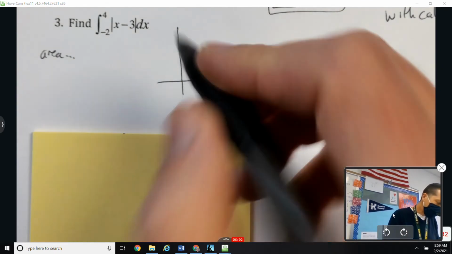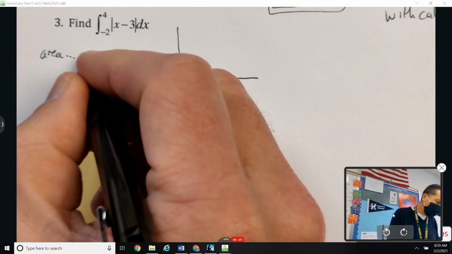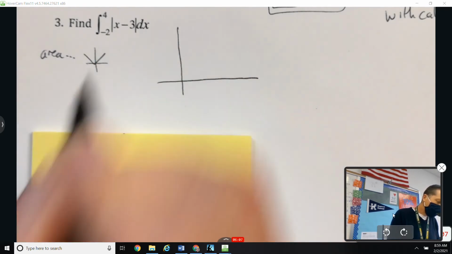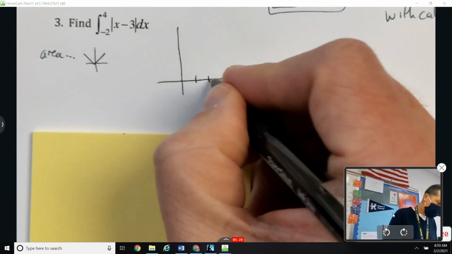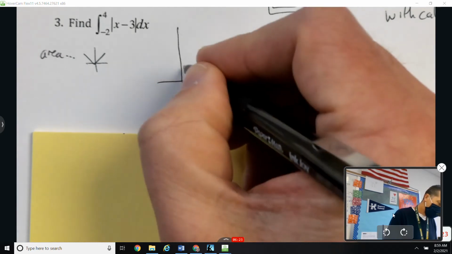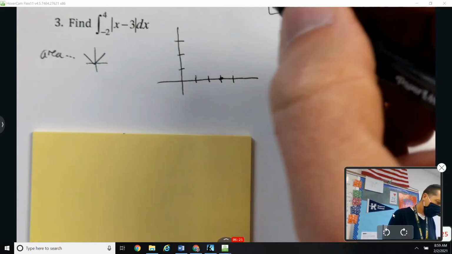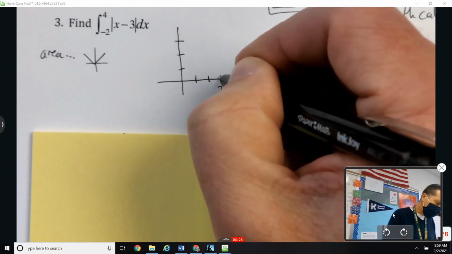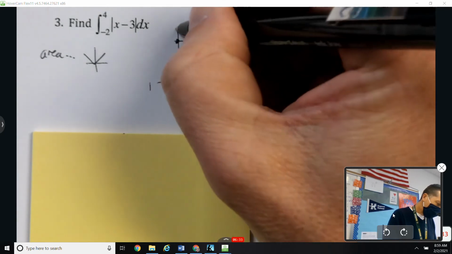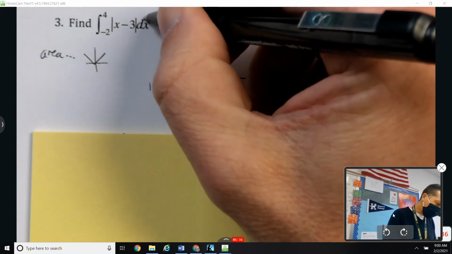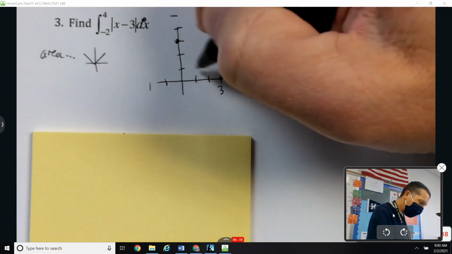In fact, let's think back parent functions here. There's the absolute value function. What does minus 3 in parentheses with x do to it? Moves it to the right 3. And the slope is 1 on each side. So I got to get back to, let's see, 1, 2, 3.